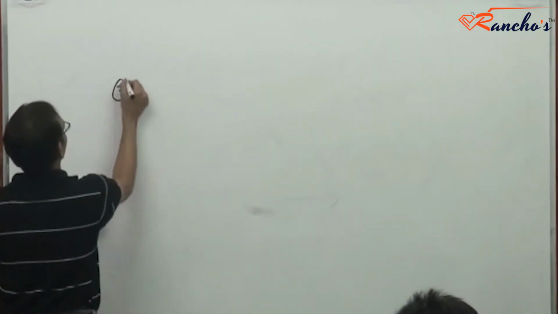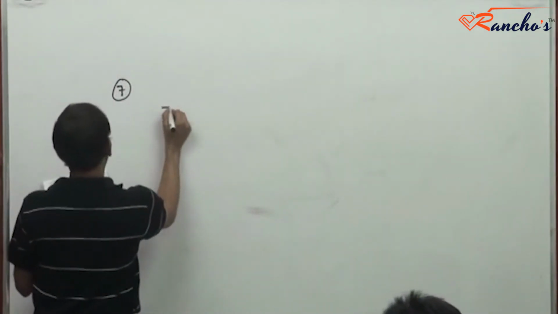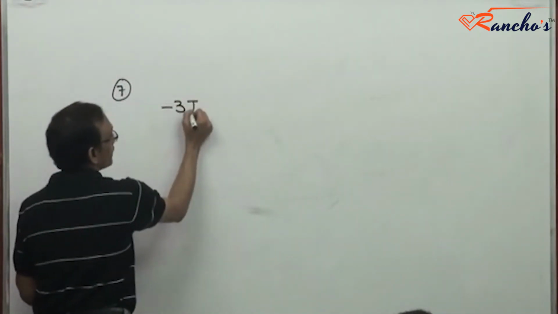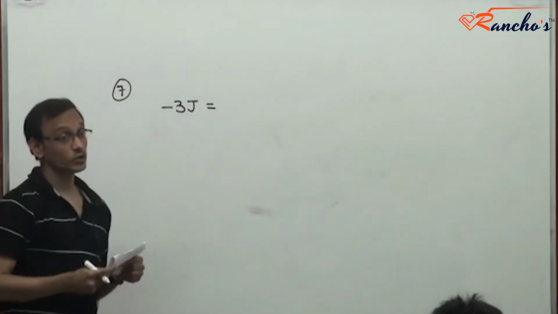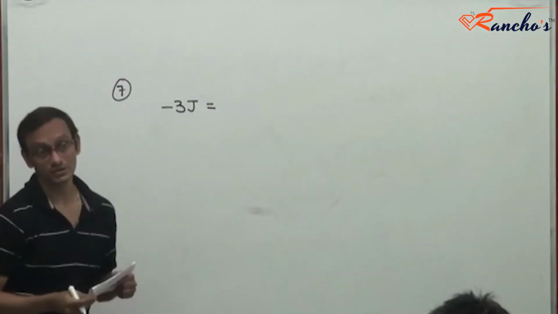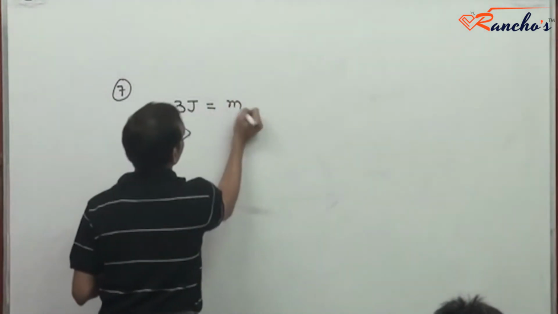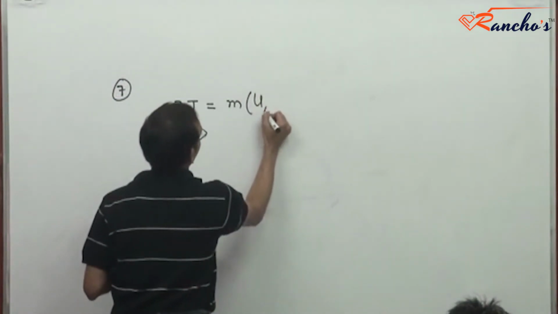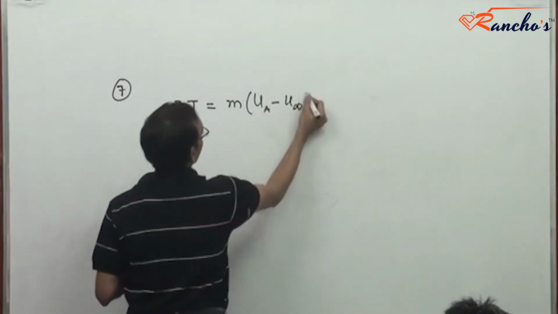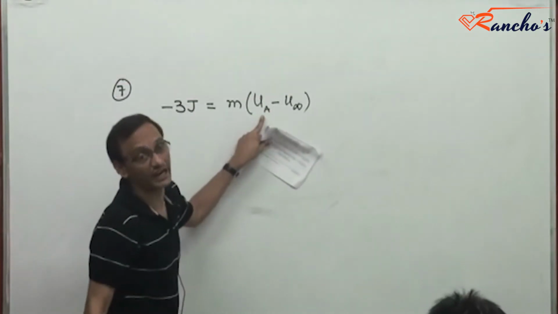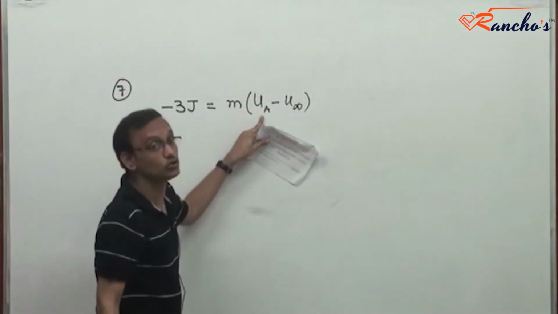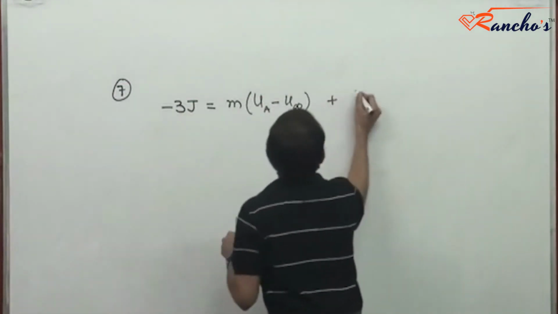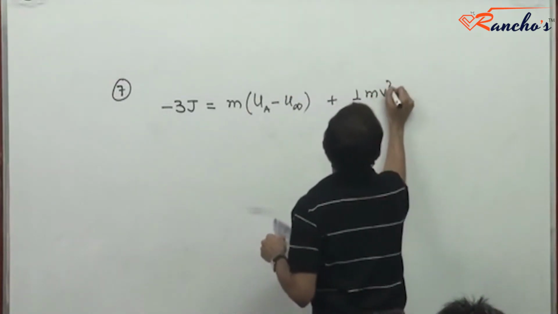The work done, minus 3 joules by the person, must be the change in potential energy plus the change in kinetic energy. Change in potential energy is m into U_A minus U infinity, where U is the potential at A in joules per kilogram, plus half mv squared minus 0.